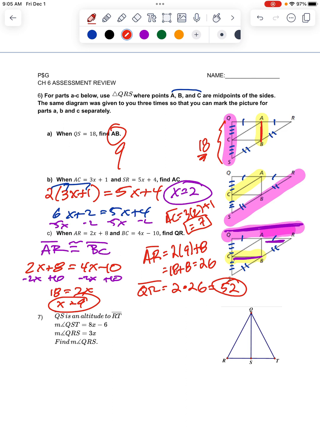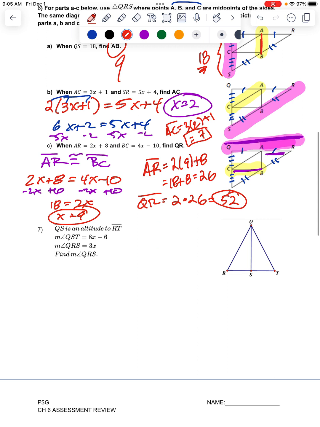Last problem that I have for you on this page is an altitude problem. Remember altitudes. If QS is the altitude to RT, that means those two lines are perpendicular. Well, what does perpendicular mean?